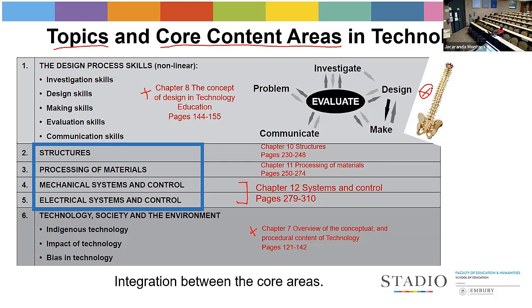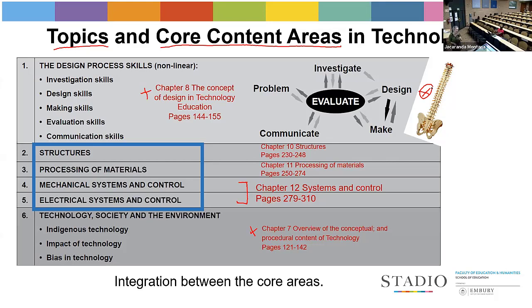Then design, make, and evaluate goes together, and again, you can design the product that's going to solve the problem, and then you can evaluate that. So you don't have to go through the structure of design, making, and then evaluating. The evaluation can be at any stage.